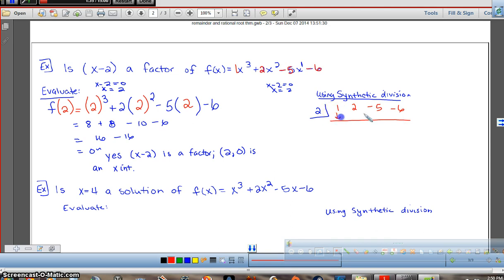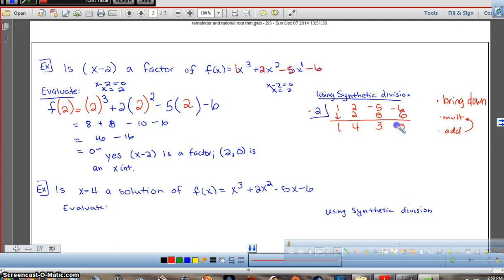And to synthetically divide, the first thing you do is you bring down the first number. And then we multiply. 1 times 2 is 2. And then we add. 2 plus 2 is 4. Then I multiply again. 4 times 2, 8. Then I add. Multiply. 3 times 2.